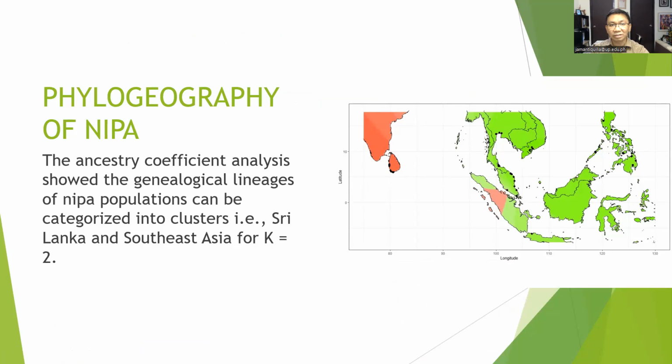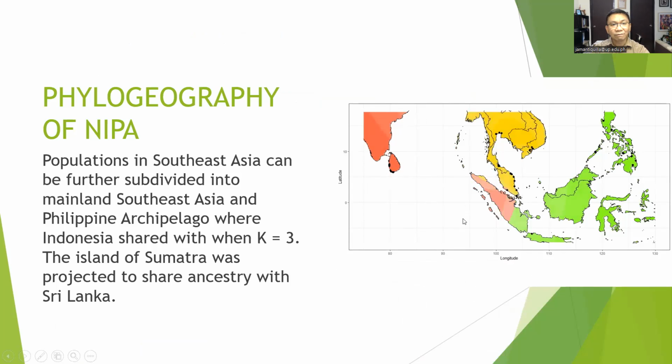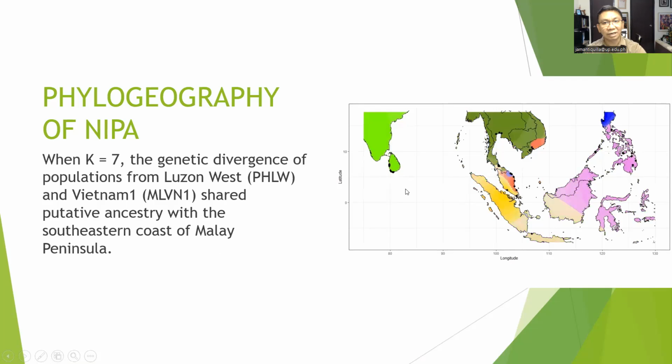So in terms of the phylogeography of nipa, the ancestry coefficient analysis showed the genealogical lineages of nipa populations can be categorized into Sri Lanka and Southeast Asia for K equal to 2. For K equal to 3, Southeast Asia can further be subdivided into mainland Southeast Asia and the Philippine archipelago, which Indonesia shared with. The island of Sumatra was projected to share ancestry with Sri Lanka.